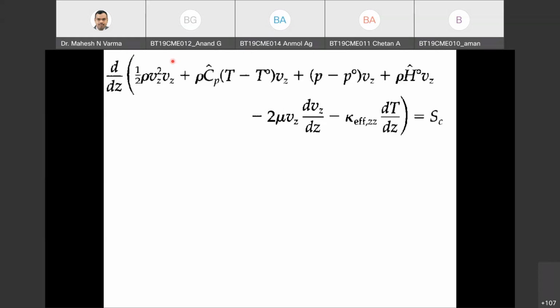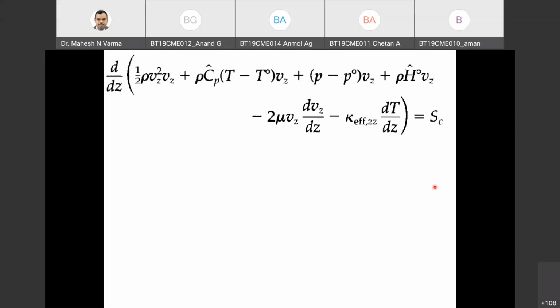Now you can see there are so many terms in the equation. For zone number 2, SC will be equal to 0. For zone number 3, SC will be equal to 0. So I need to solve these 3 equations simultaneously. Certainly that will be very, very complicated.